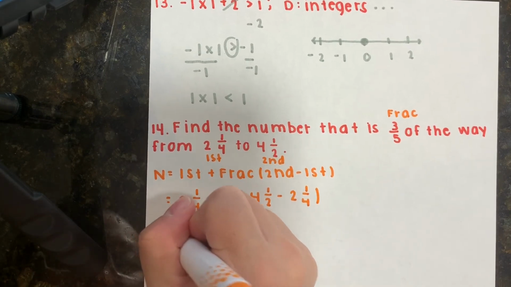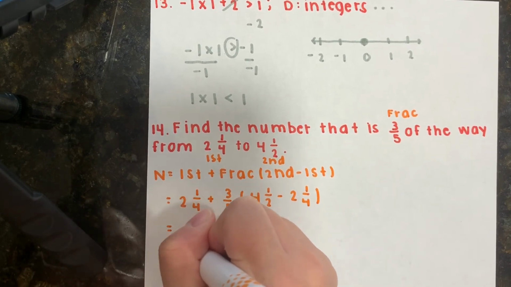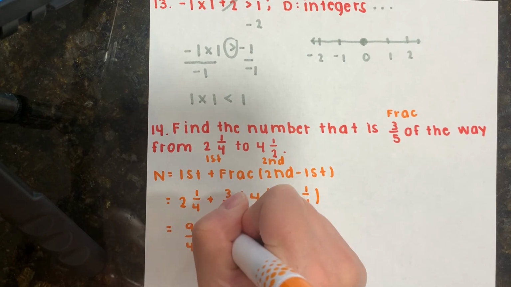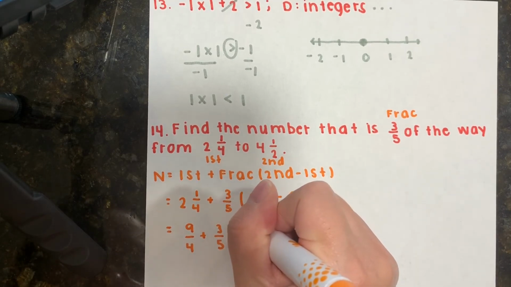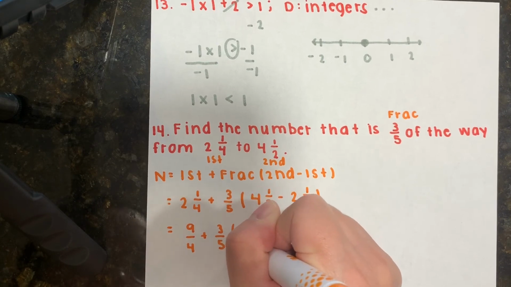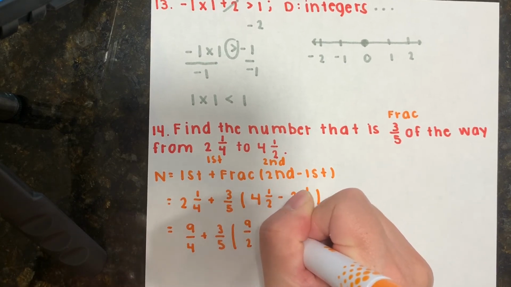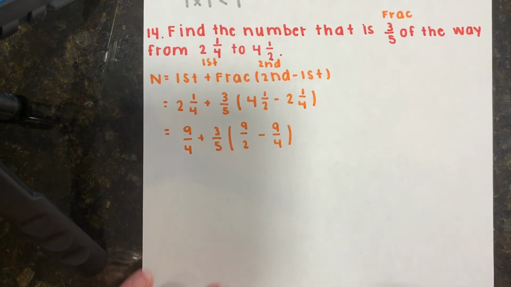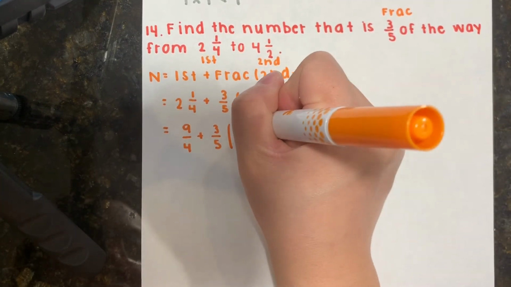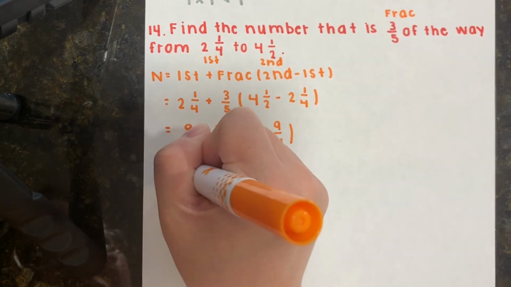Now I'm going to make those into improper fractions. So that would be 9/4 plus 3/5 times 9/2 minus 9/4. I want to make a common denominator in the parentheses, leaving everything else the same.